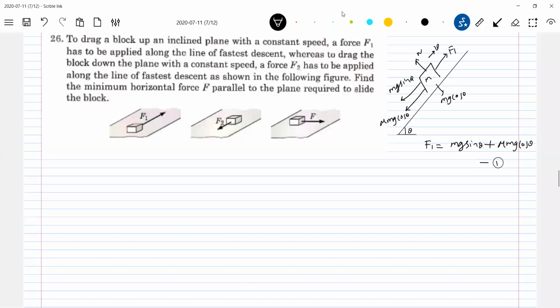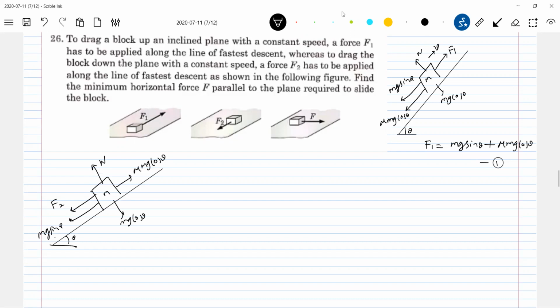Next, again, we have to drag the block down the plane with a constant speed. I'm going to drag it down. I'll apply a force. So what are the forces that will act down the incline? Mg sine theta, and here it will be mu mg cos theta, normal contact mg cos theta.